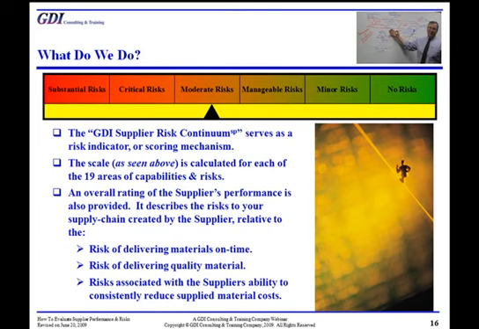And then we score it, either from substantial risk all the way to no risk. In this case, on the chart, this is the risk continuum that we use for each of the 19, it is scored as a moderate risk. And when we're all done, we take all 19 and we build a composite score that describes the risk to your total supply chain relative to the risk of delivering material on time, delivering quality material, and the ability of the supplier to actually drive costs down in order to help you drive your costs down.